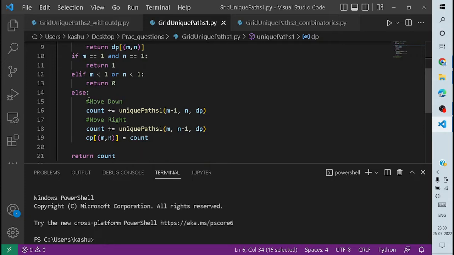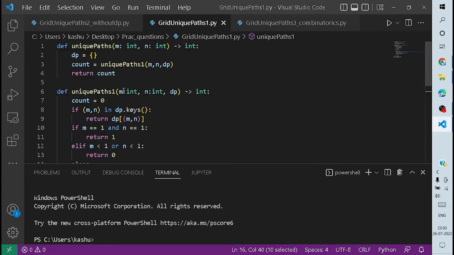Now when I am going to go down, my row will decrease and column would remain same. So when I go down, I go with these arguments and again I feed it over here, right? Because I'm saying this particular function will calculate the number of unique ways given the m comma n.